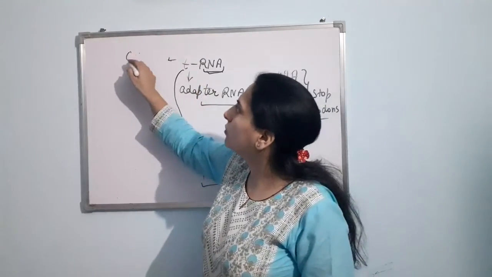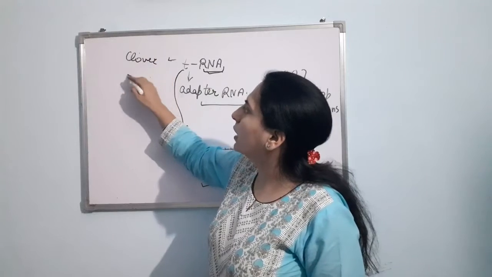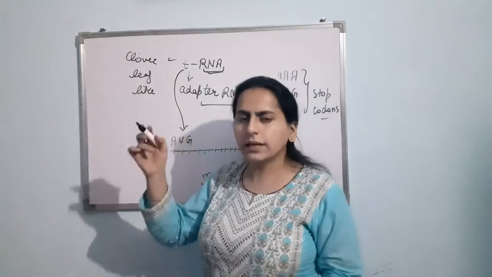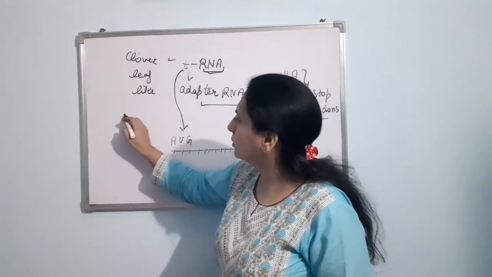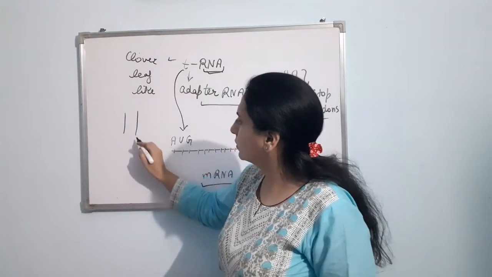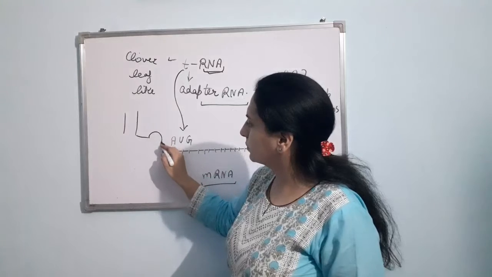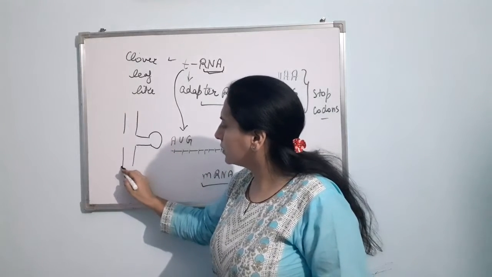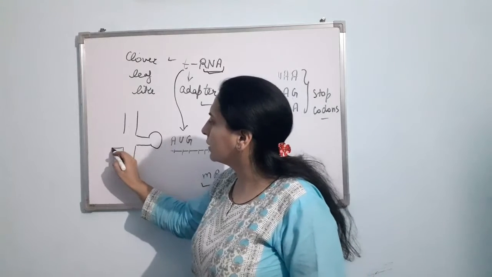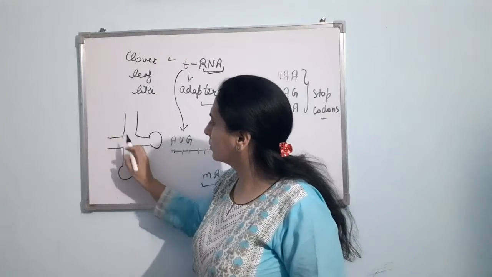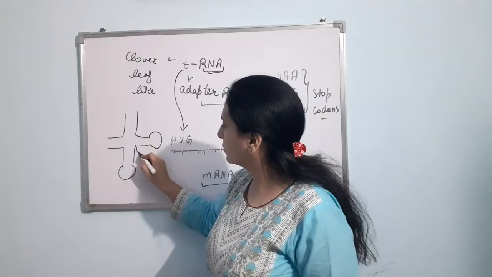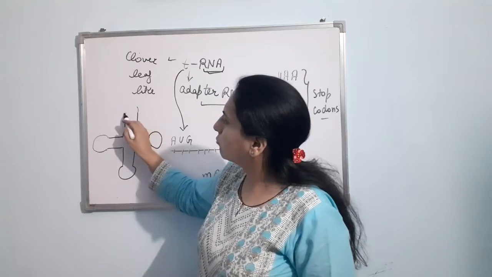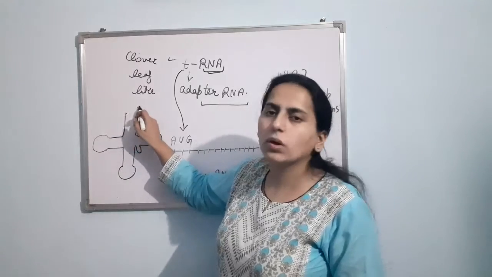Now, if I talk about the structure of the tRNA, then its two-dimensional structure is clover leaf-like. Let me draw the structure. This is the structure of tRNA. One end is 3' and the second one is 5'.